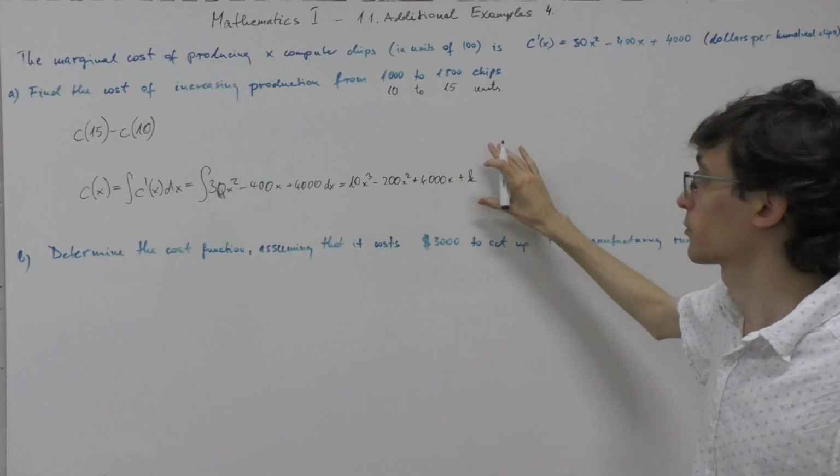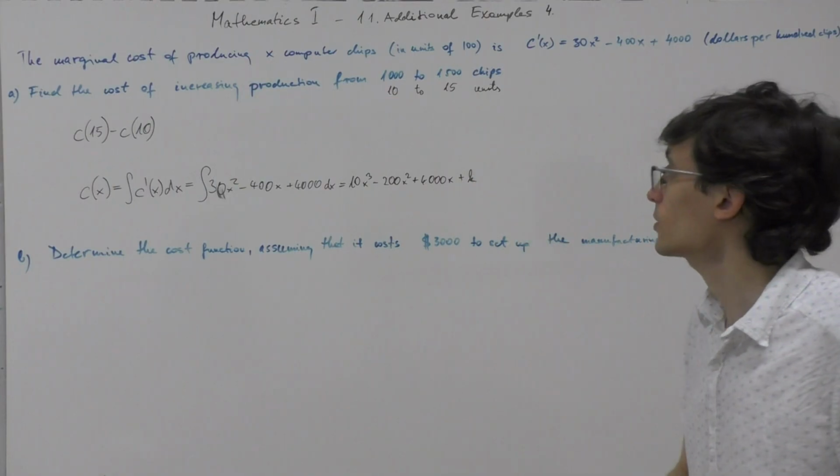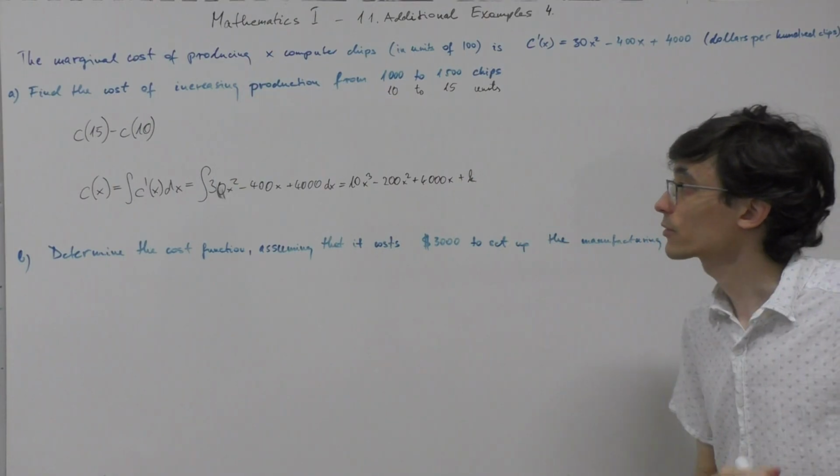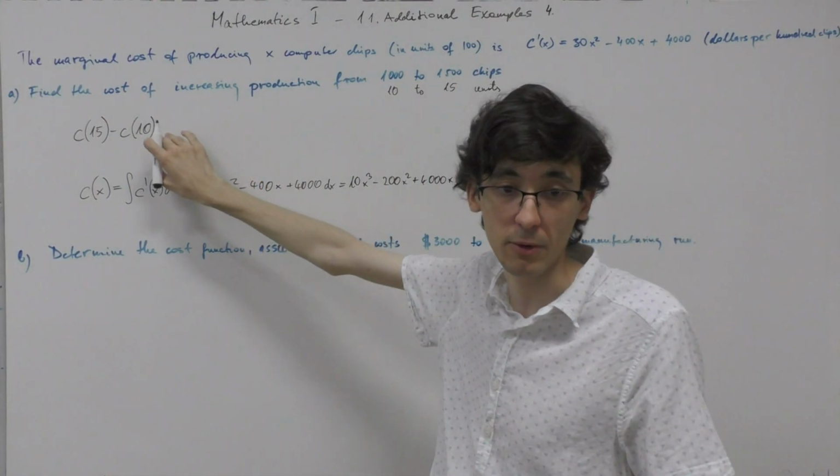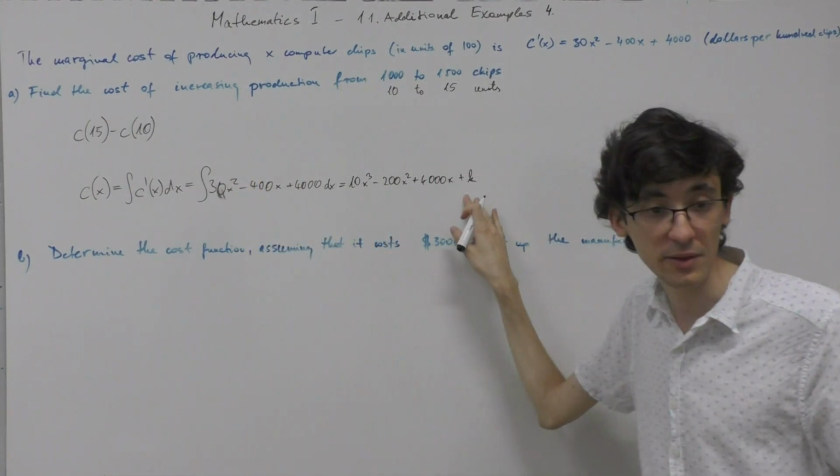Now that we have found all possible cost functions, we can write them back into our formula and hope that we won't need k.